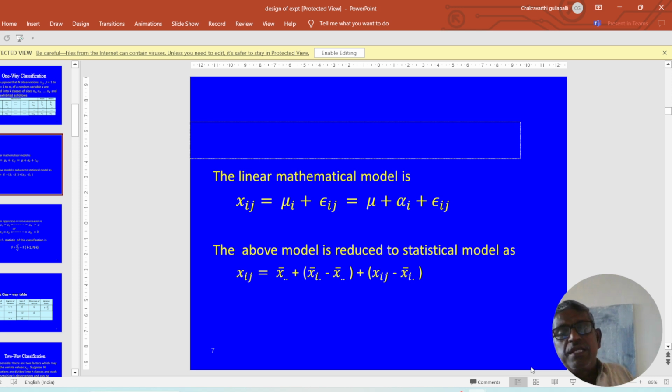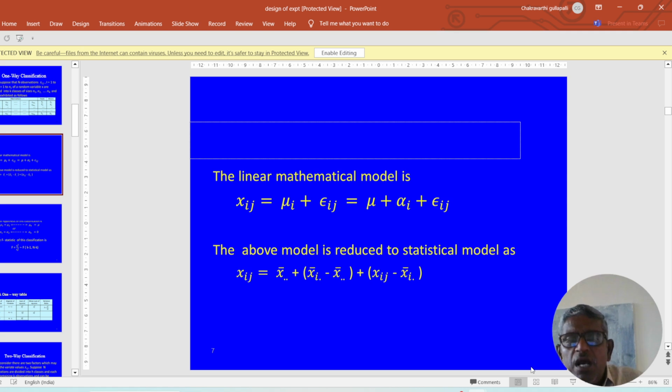Now by using regression method or estimation method, we estimate mu, alpha i, and epsilon ij, because all these three values are parameters, so we have to convert them into sample values. For that we use either the regression technique or the estimation method.